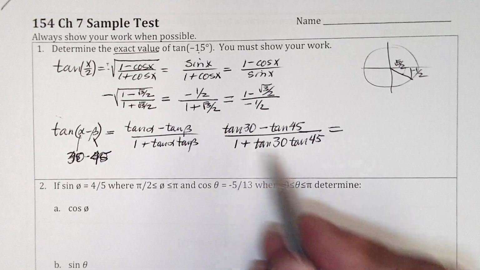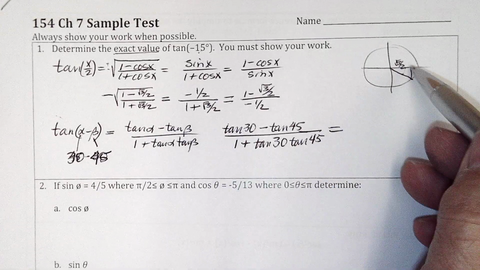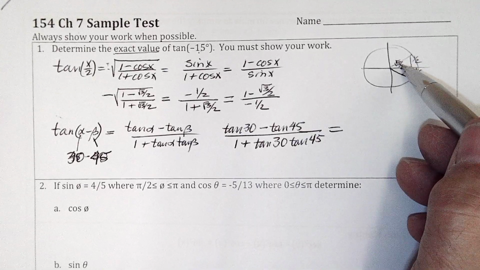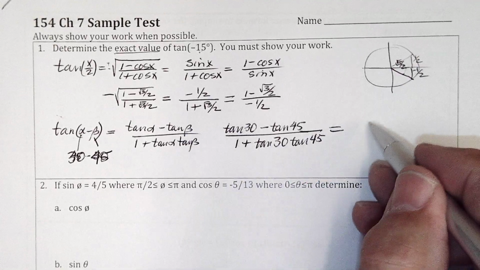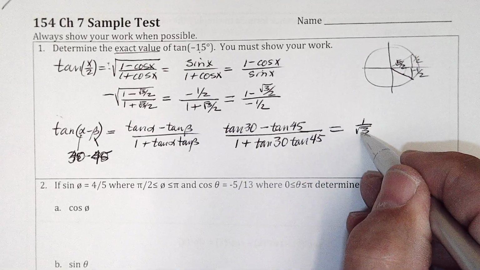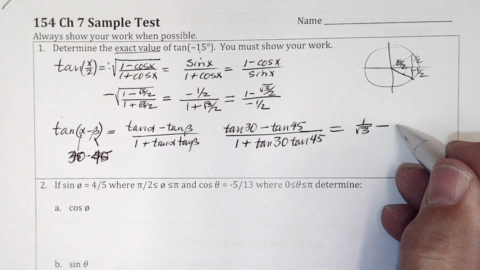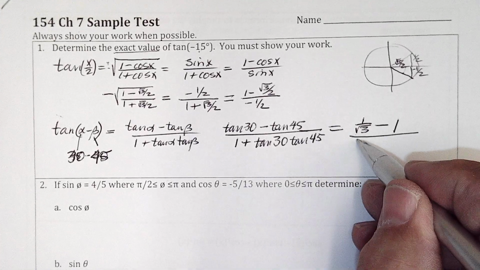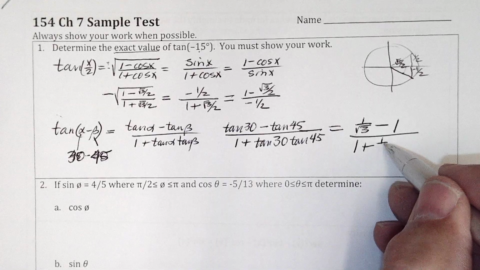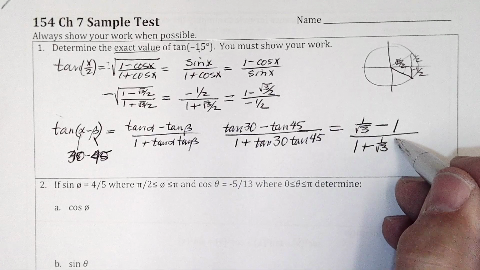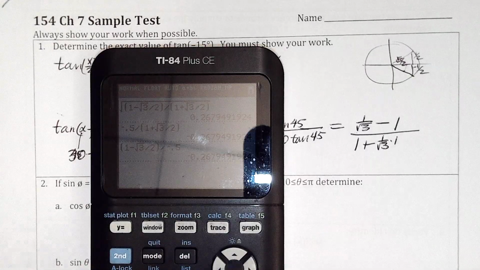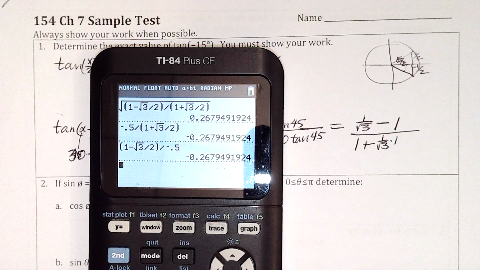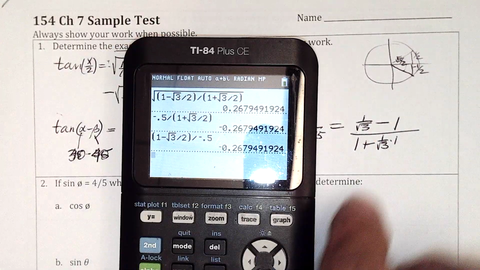Now, just to check our answers here, tangent of 30 is 1/2 over the square root of 3 over 2, so that's 1 over the square root of 3, minus tangent of 45 is 1, because the sine and cosine are the same, over 1 plus tangent of 30 times tangent of 45. And that should be the same answer, that negative 0.2679. That's an approximate answer. I want an exact answer.